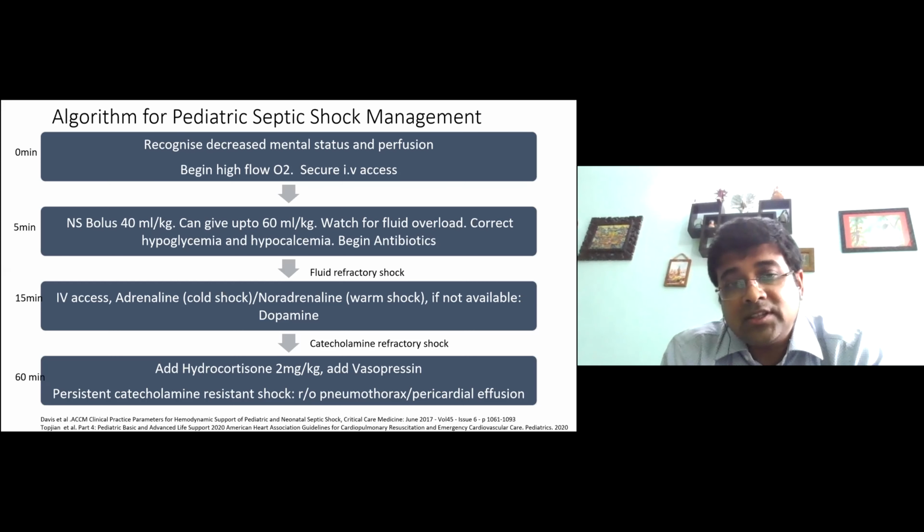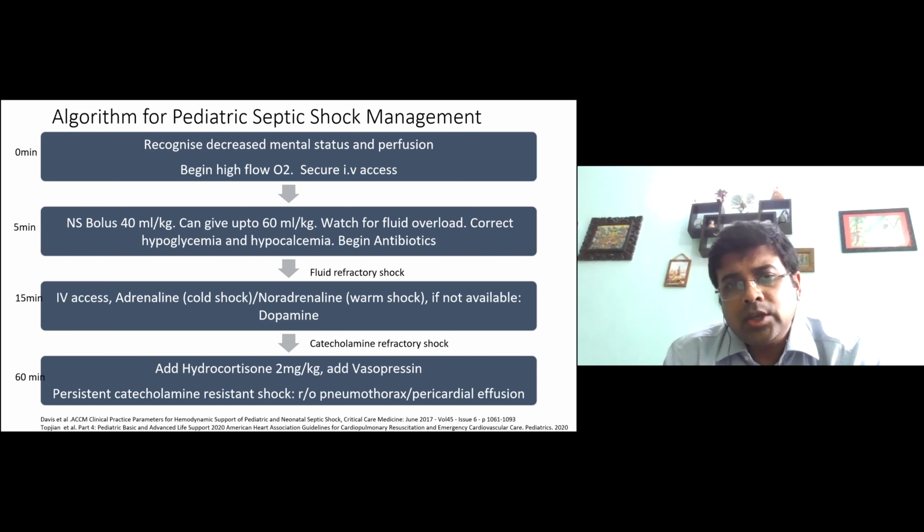You have to start off either adrenaline for a cold shock or noradrenaline if it's a warm shock. If both of the two are not available, which is very unlikely, because given our setup, adrenaline and noradrenaline are most of the times available in the crash cards, then you can start a dopamine.